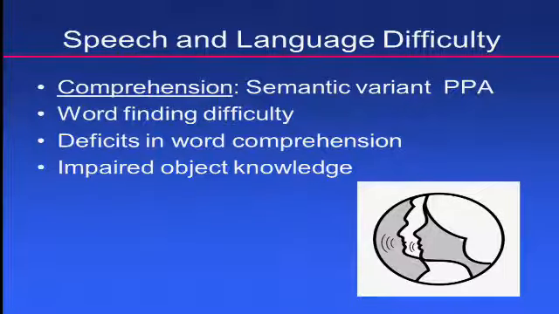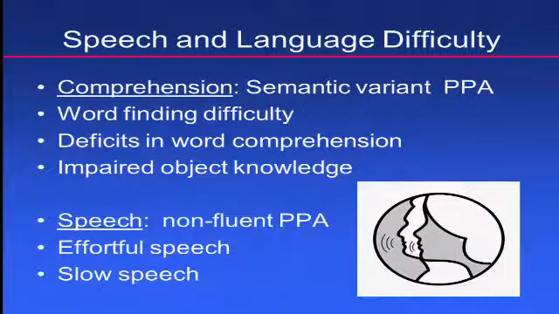So let's talk a little bit about the speech and language difficulties. As I mentioned before, patients with semantic variant of PPA develop difficulties in comprehension. So they demonstrate word-finding difficulties, deficits in word comprehension, and impaired object knowledge. So you would notice that someone who used to love reading books and newspapers is not reading those anymore because they can't understand what they are reading.